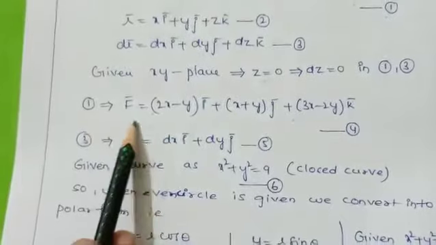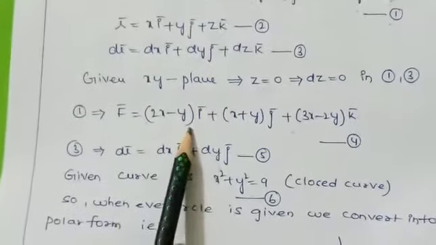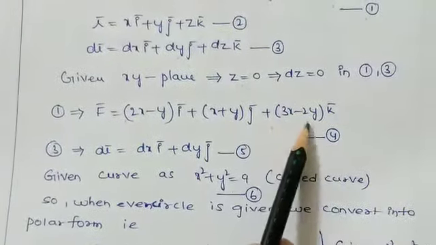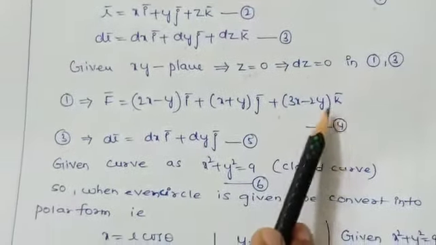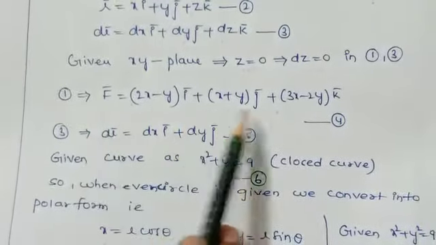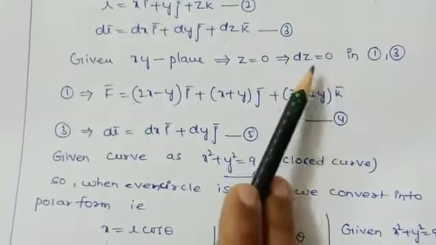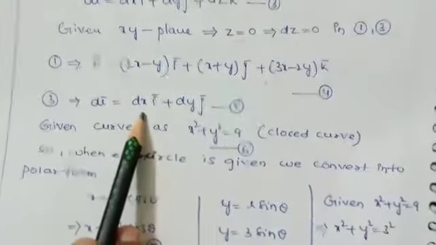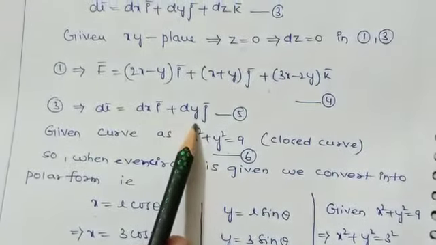We get f bar is equal to 2x minus y i bar plus x plus y j bar plus 3x minus 2y k bar. On substituting z is equal to 0, we have converted the vector equation like this. On substituting dz is equal to 0, we get dr is equal to dx i bar plus dy j bar.